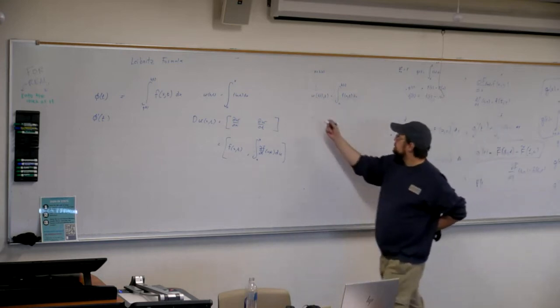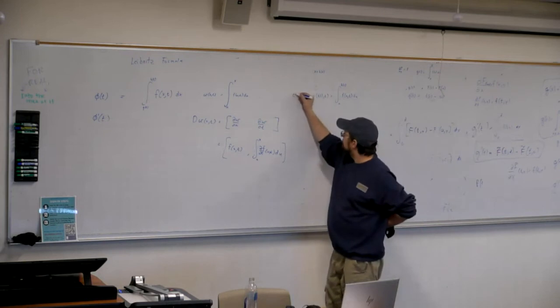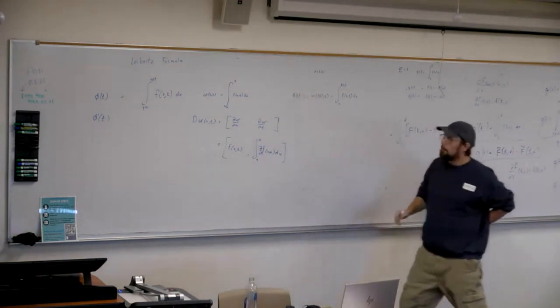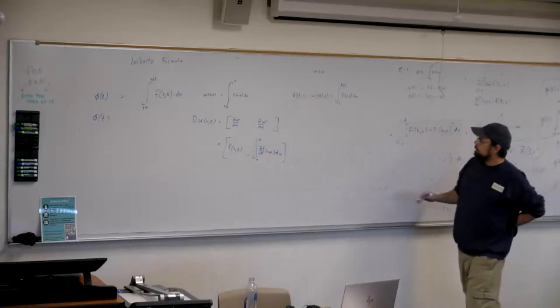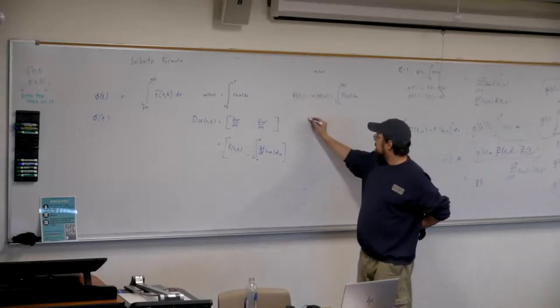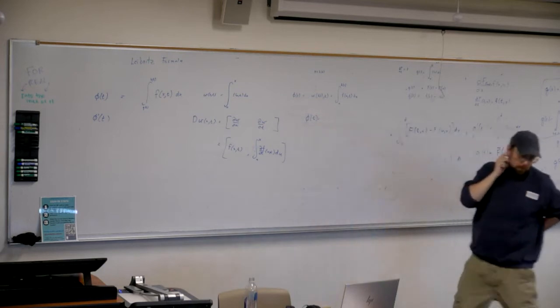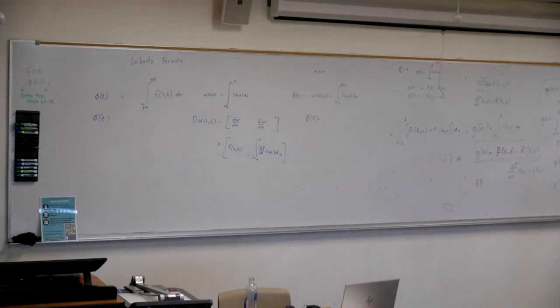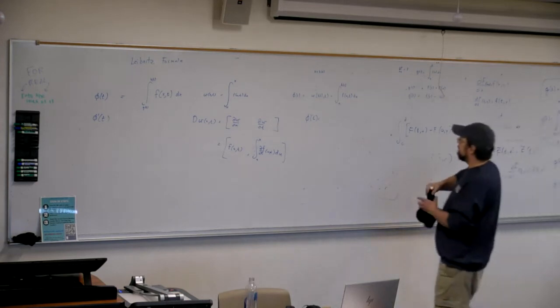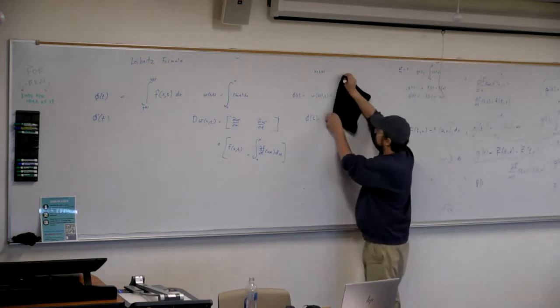So now this is some function of t only. So you can reasonably ask for the derivative of this function of t. And how would we go about finding what that derivative is? Chain rule.